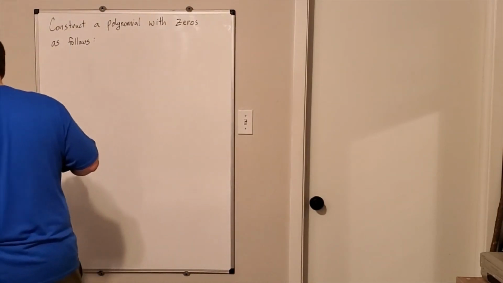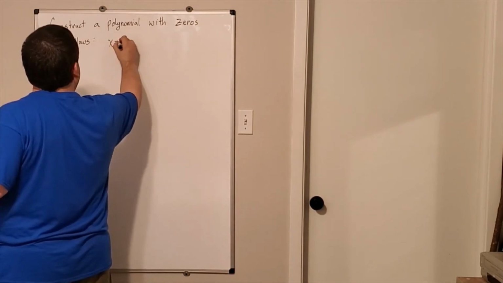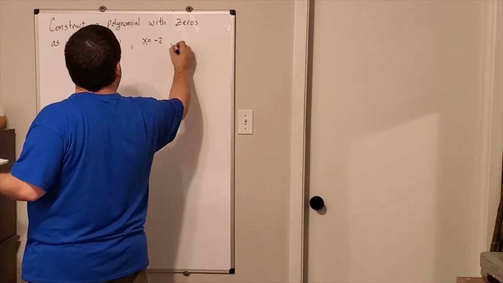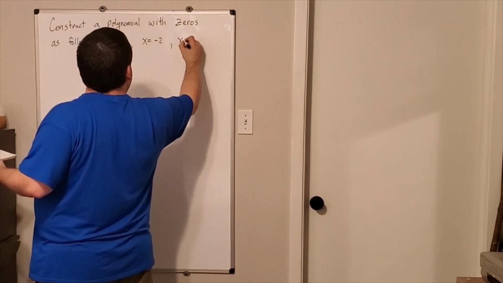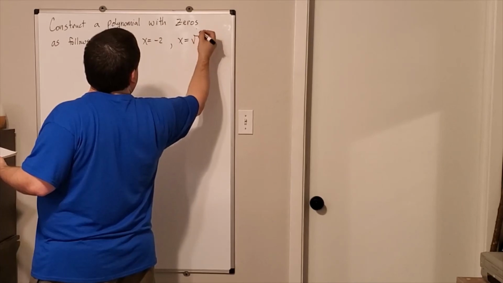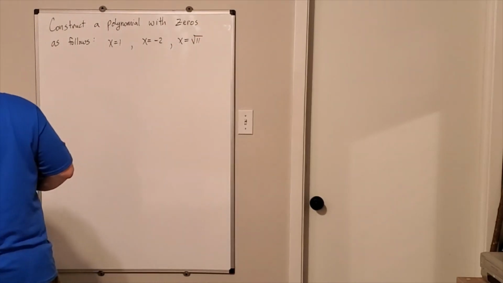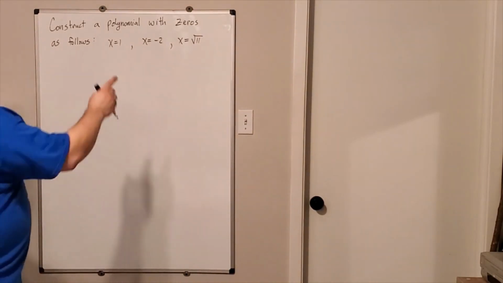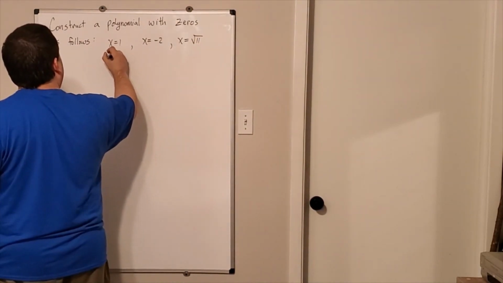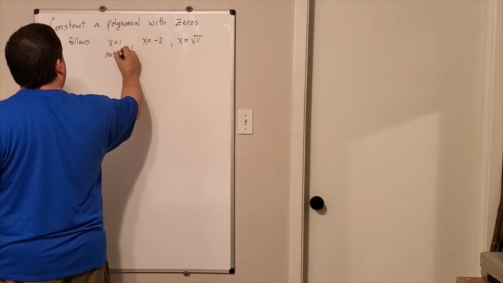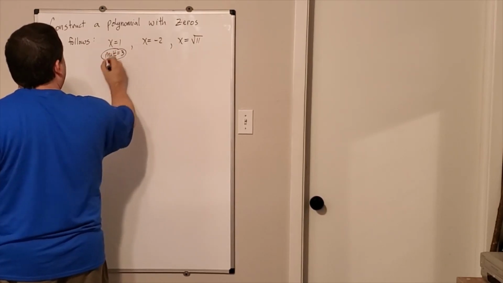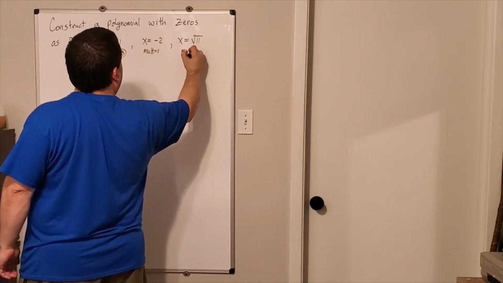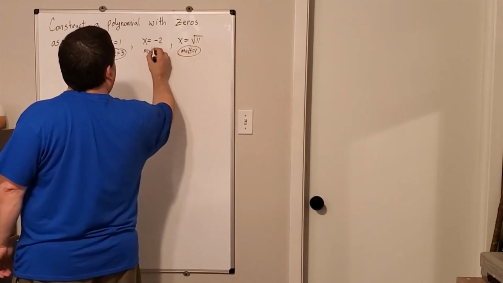So we have x equals 1, x equals negative 2, and x equals the square root of 11, let's say. Okay? And we want the x equals 1 to have a multiplicity of 3. And all the rest of them multiplicity of 1. Okay?